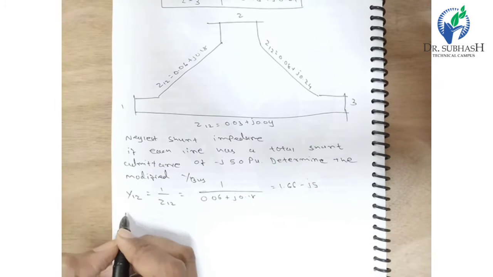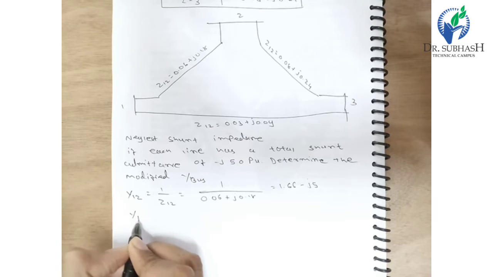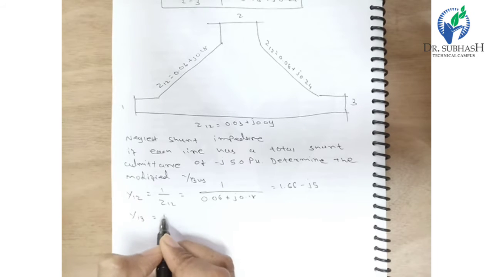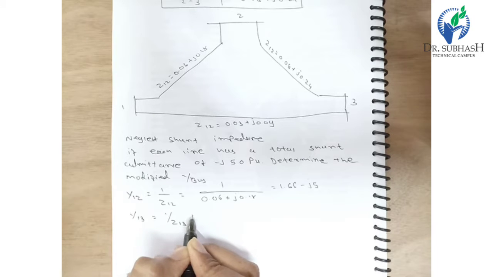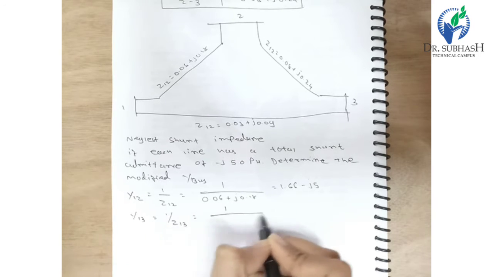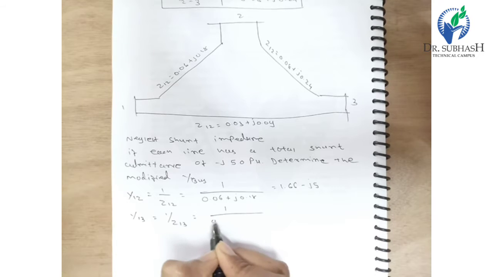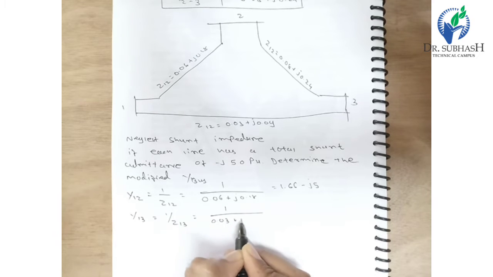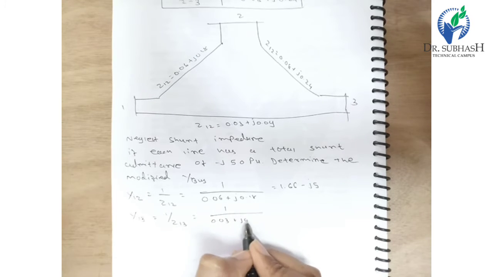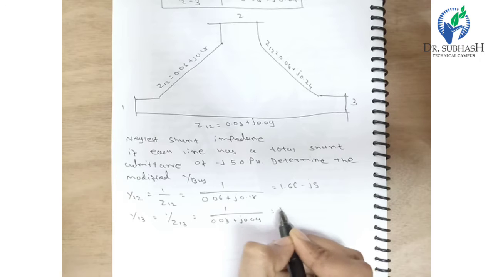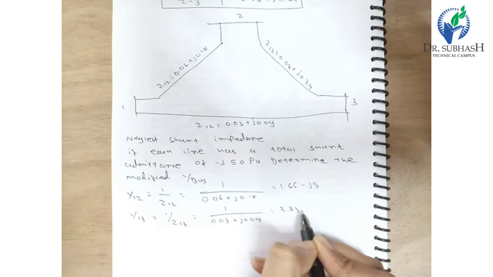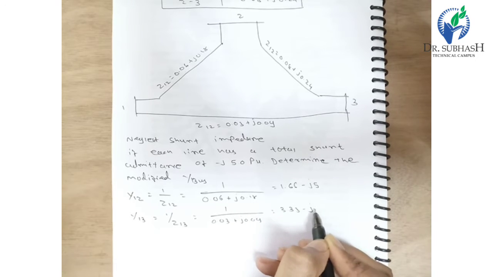Similarly, the admittance of Y13 is equal to 1 upon Z13. The value of Z13 is 0.03 plus j into 0.09. So the output is 3.33 minus j into 10.